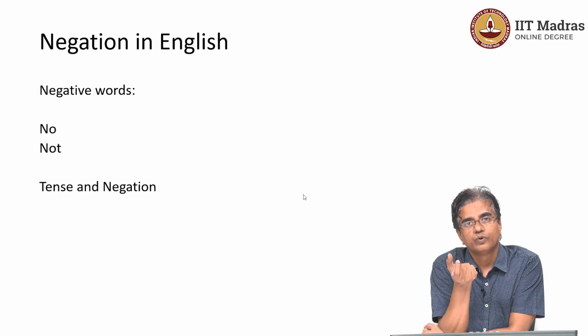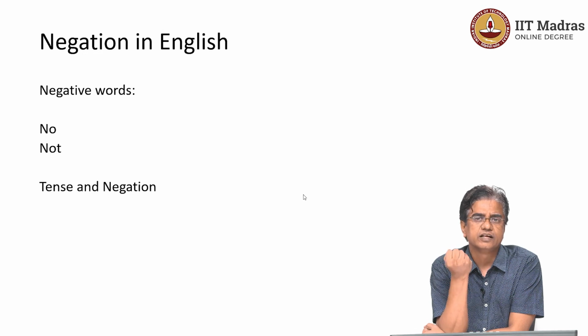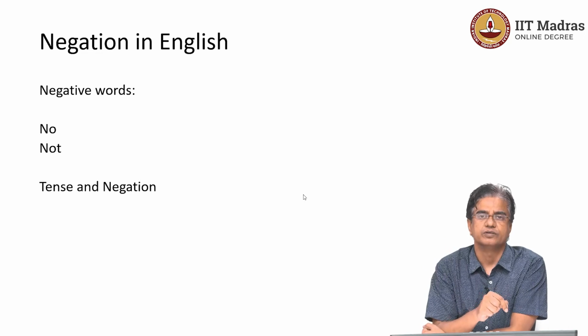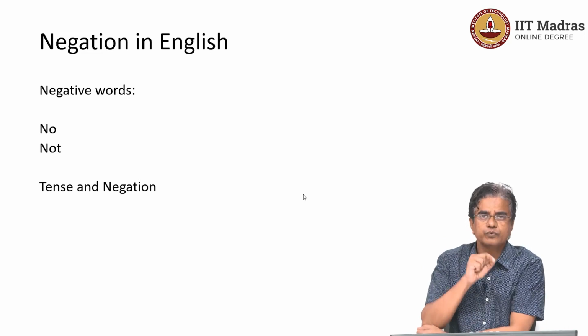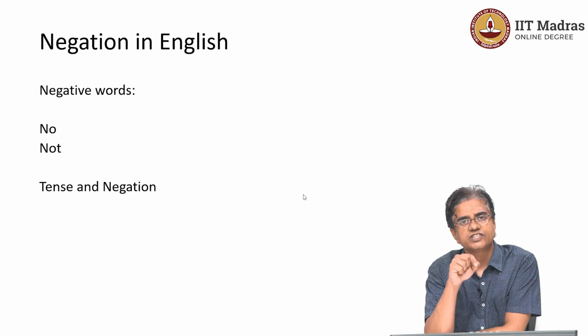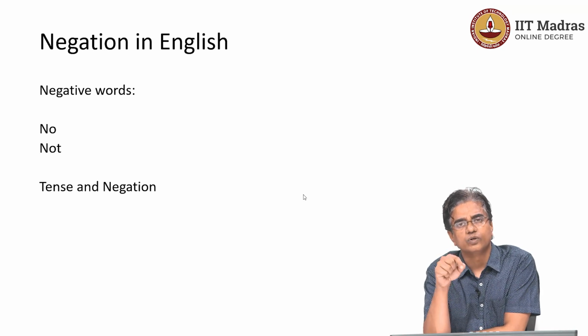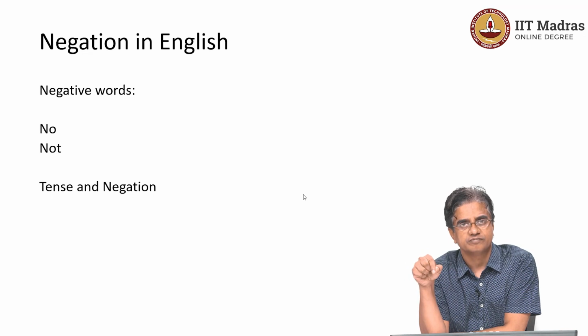Other than the subject, everything is part of the predicate. What we know, in addition, is that inside the predicate, the most important part is the verb, because every other part of the predicate is about the verb. So, within the predicate, when negation occurs, it negates the whole sentence in a particular way.